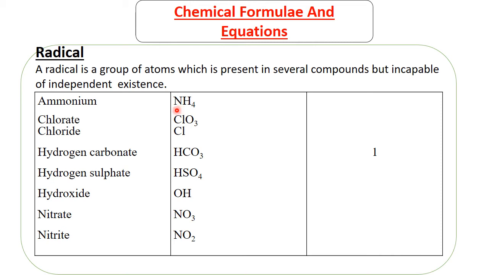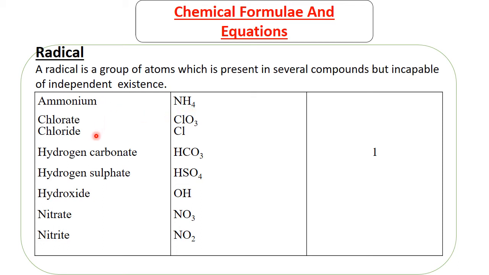So we can have things like ammonium chloride, ammonium sulfate, but you never find ammonium on its own. There's no such thing as ammonia here, but ammonium sulfate is there, ammonium chloride is there, but you never find ammonium alone. That's what a radical is. It can be found in different compounds, but you cannot find it alone, and it's a group of elements which have this strange behavior.